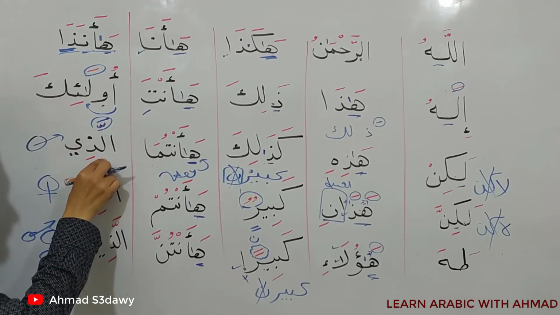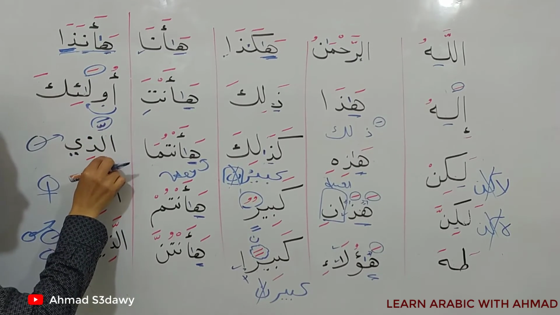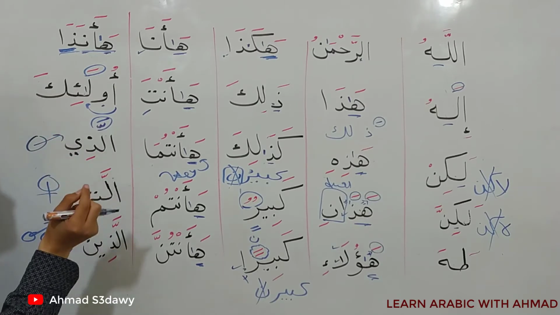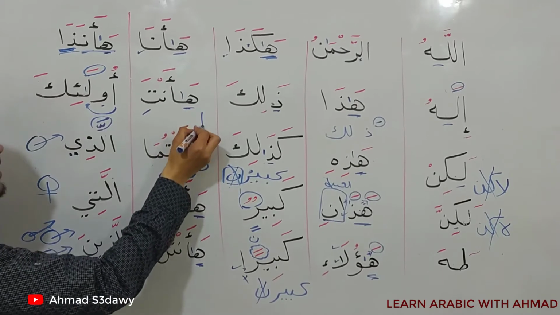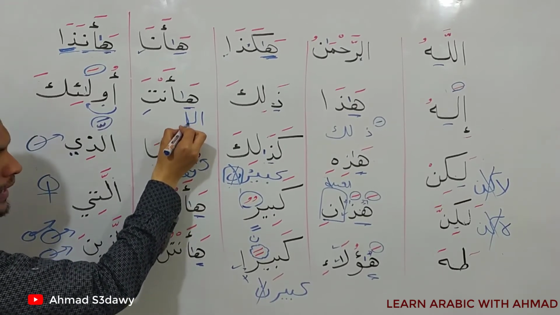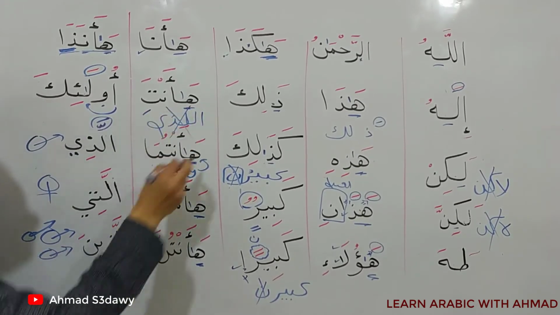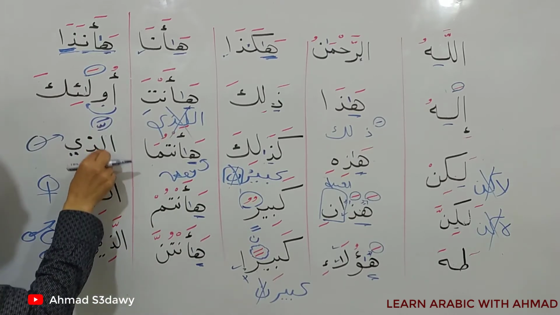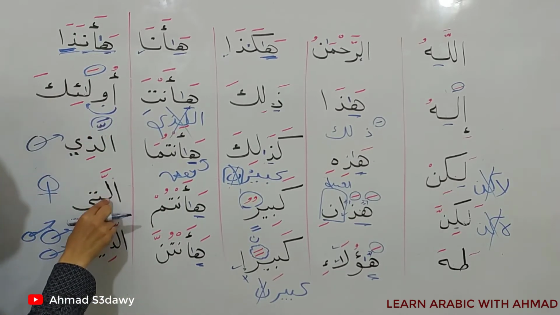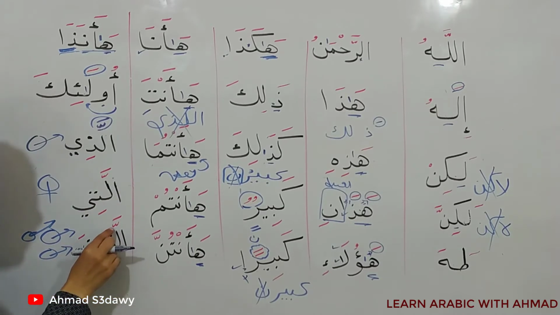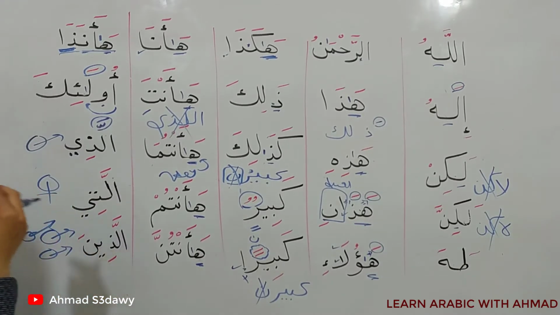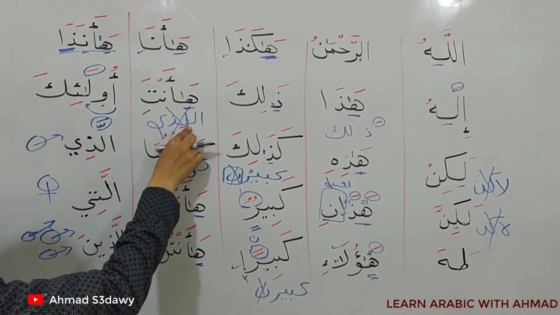You say al. So you pronounce the lam twice, and you don't write it together. Like you don't write it this way. You don't say al-lazi. No, it's wrong. It's just one lam with shadda, and allati, one lam with shadda. Al-lazina, one lam with shadda. So you pronounce it, but you don't write it this way.